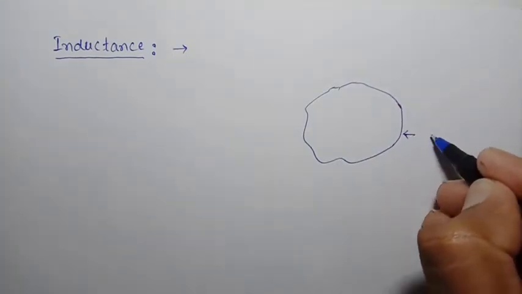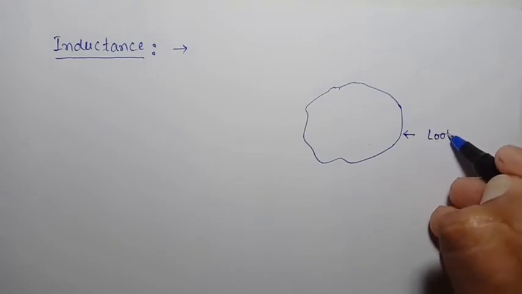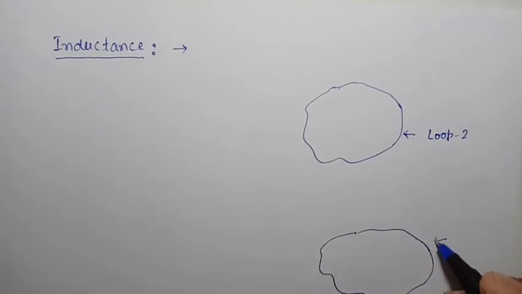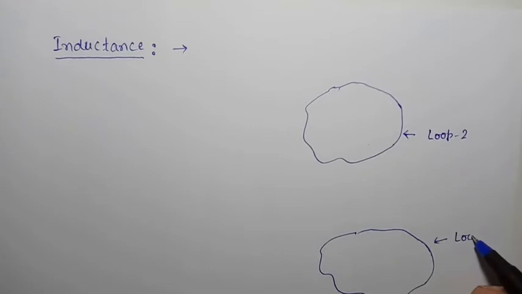Suppose this is loop 2 and here we have a second loop. Suppose this is loop 1. And suppose here steady current I1 flows through this loop.